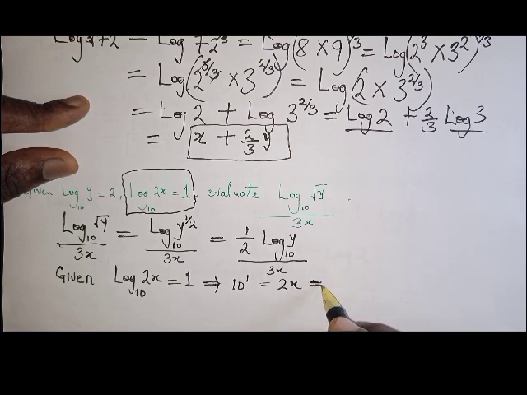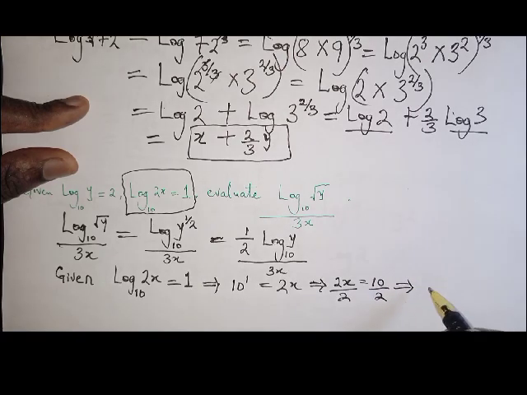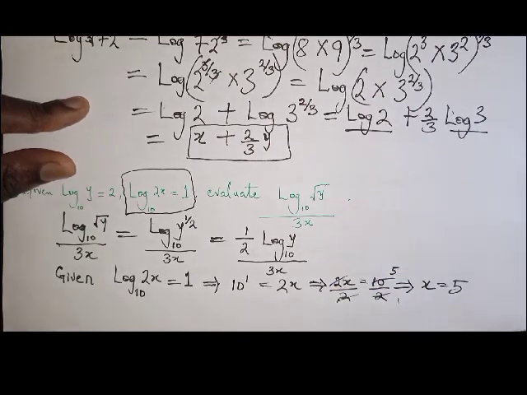Meaning that from here I can get my value for x. If 2x equals 10, it simply means that x is 5. So the value for x is 5.